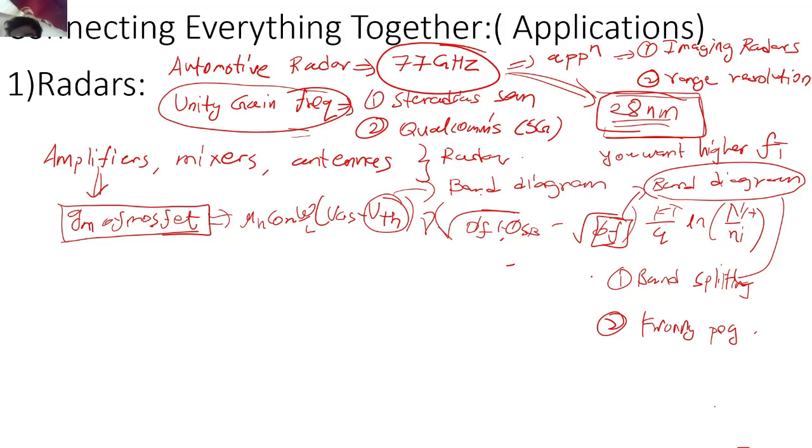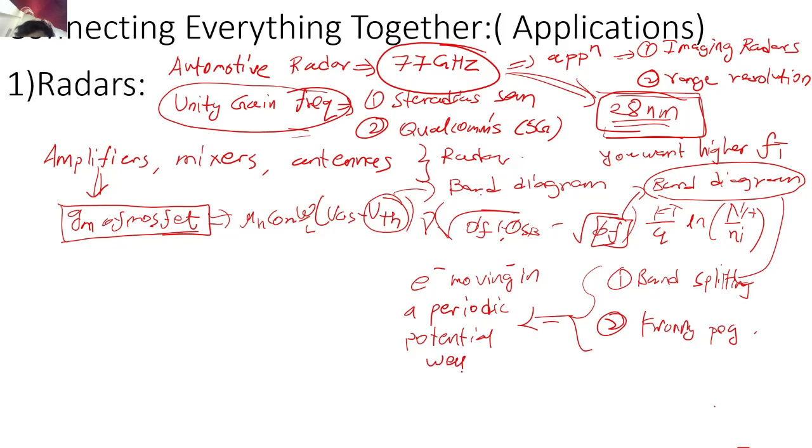Now from where does this Kronig-Penney model come? It came when you had an electron moving in a periodic potential well, correct? So we assume a structure like this, where the electron is moving in a periodic potential well. And from where did this concept arise?